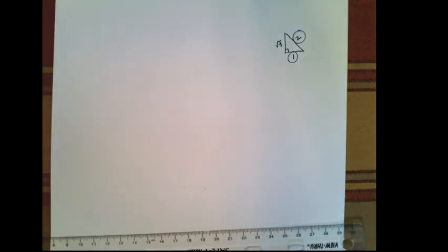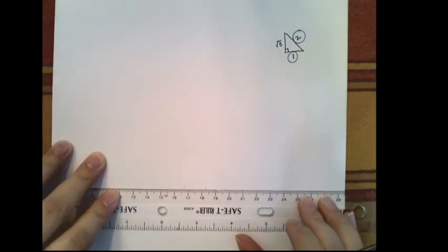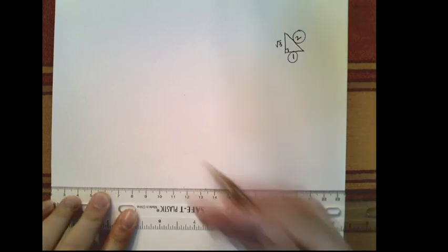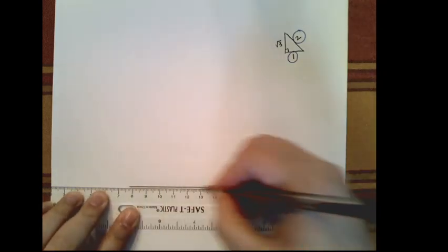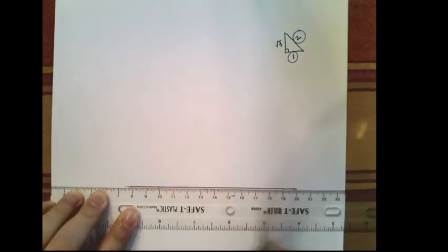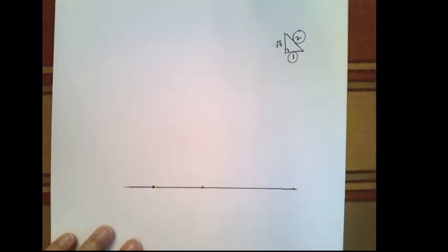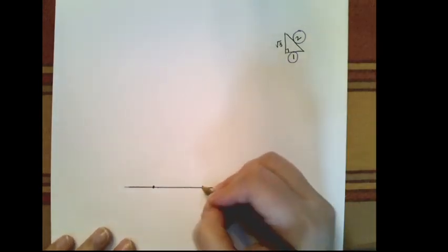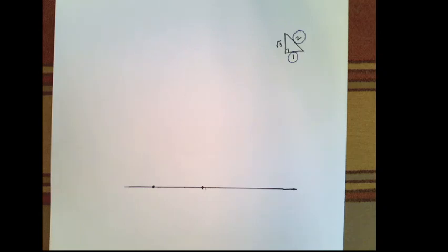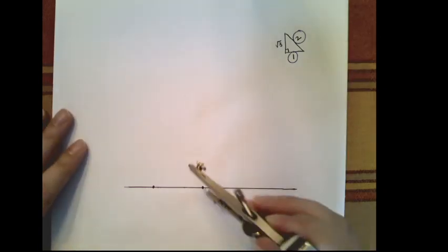So that is what we are going to actually do today. We are going to start with a working line. What we need first is that perpendicular, that right angle. So I'm just going to pick 2 points on that working line so that I can make my perpendicular bisector. I'm going to try to make these really light so you guys might not be able to see them.